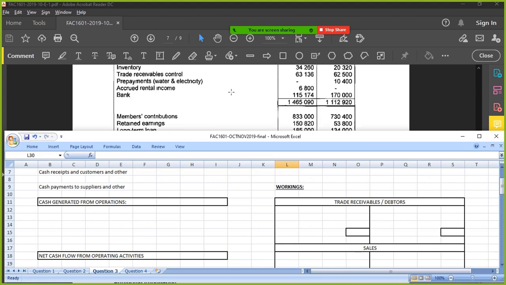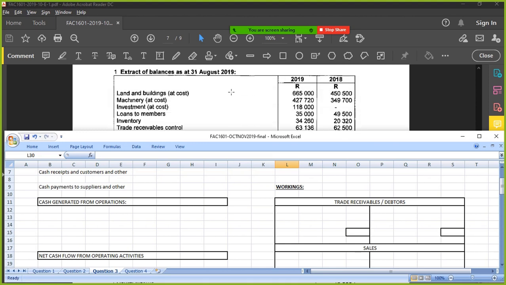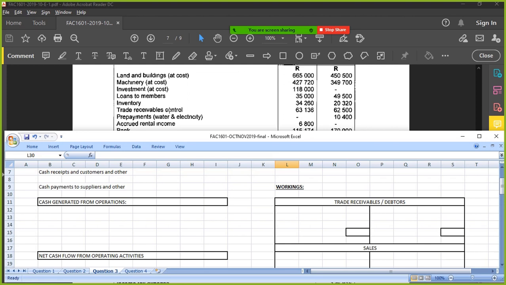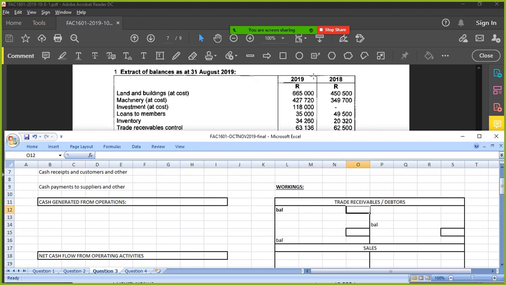So, go back. Look for your receivables control. Okay, there it is. Balance, balance, balance. What was the receivables? Okay, 18 is start, 19 is end.